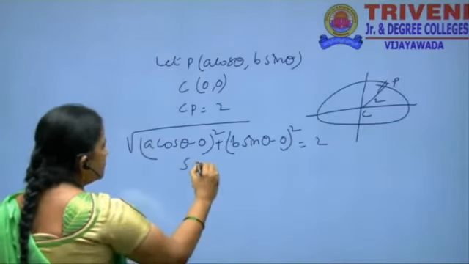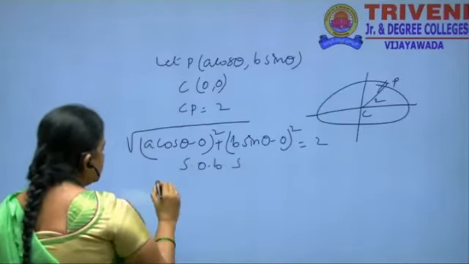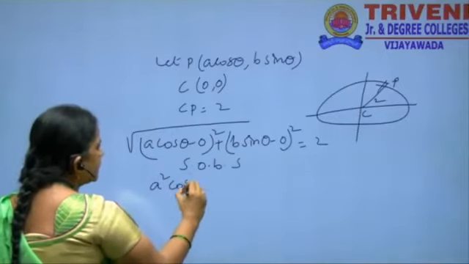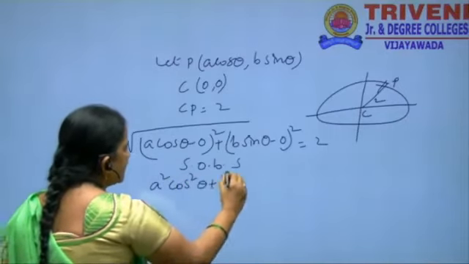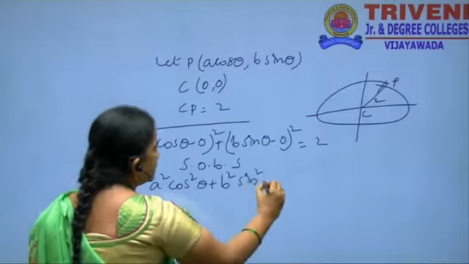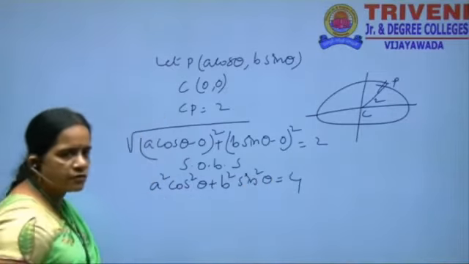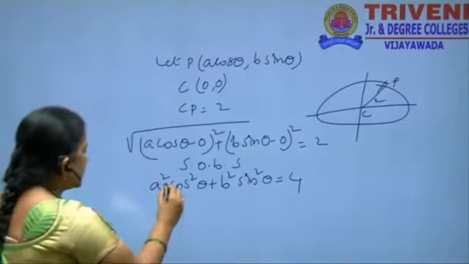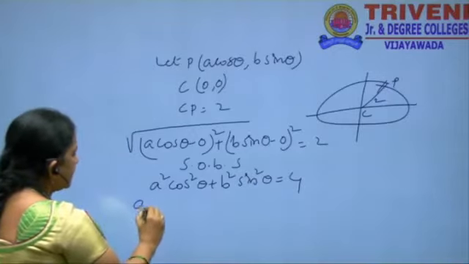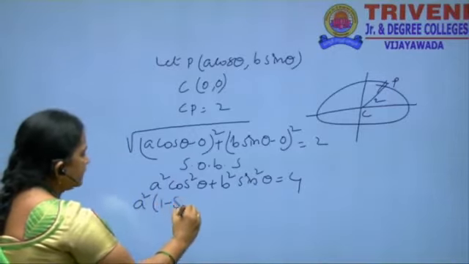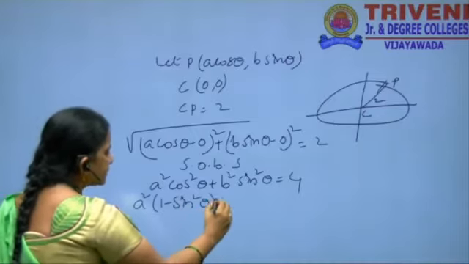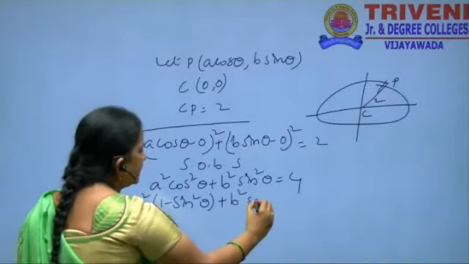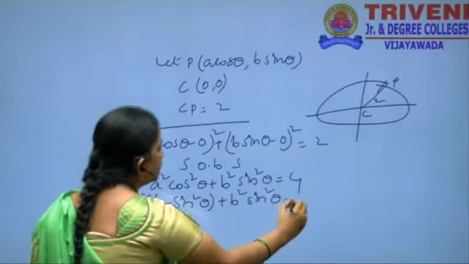Squaring on both sides, a square cos square theta plus b square sin square theta is equal to 4. Here a square cos square theta can be written as a square times 1 minus sin square theta, plus b square sin square theta is equal to 4.